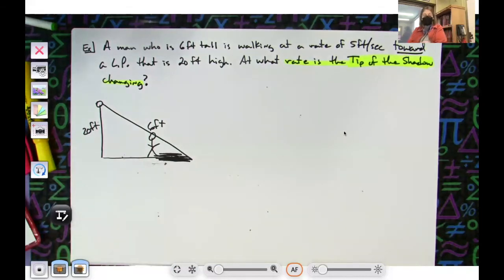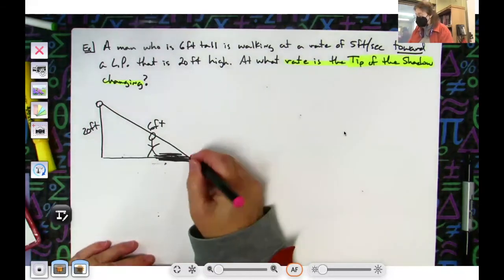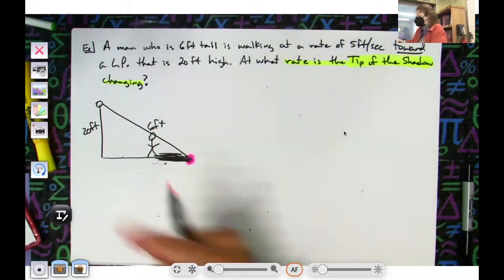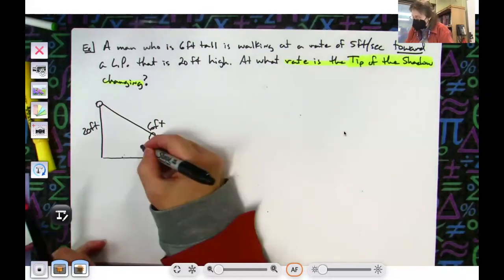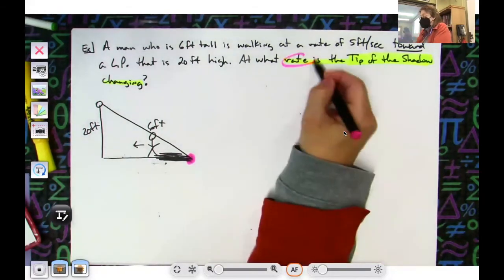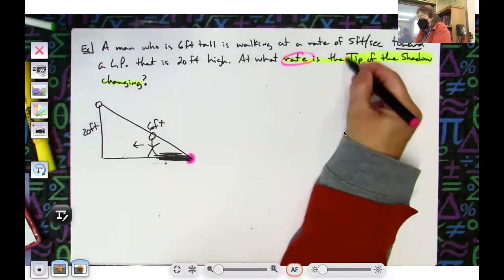Here's the tip of the shadow, and he's walking toward the light pole. It's still asking for a rate, but it's the rate of the tip of the shadow.